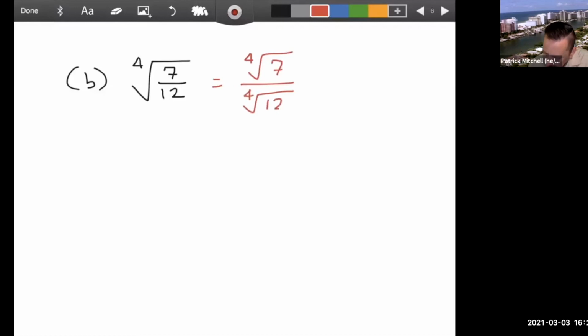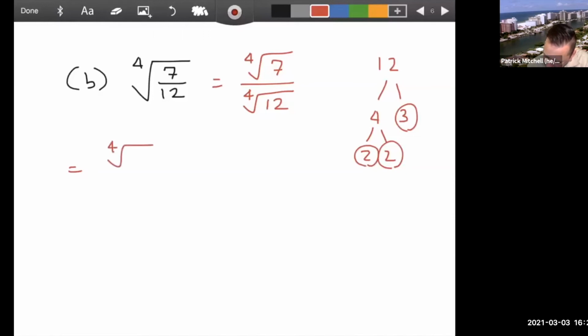And now I'm going to prime factor that 12. We'll do that over here real quick. 12 is 4 times 3. 4 is 2 times 2. So let's rewrite that 4th root of 12 as the 4th root of 2 squared times 3.